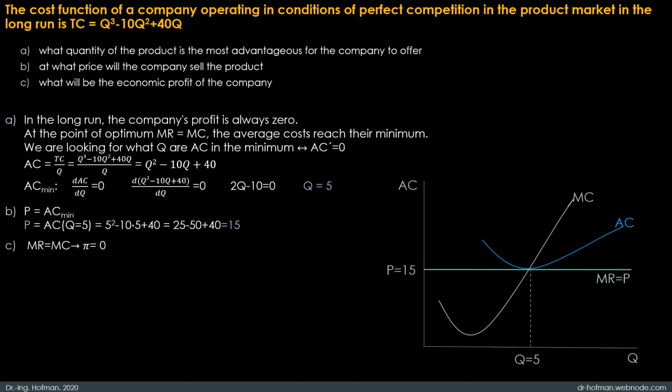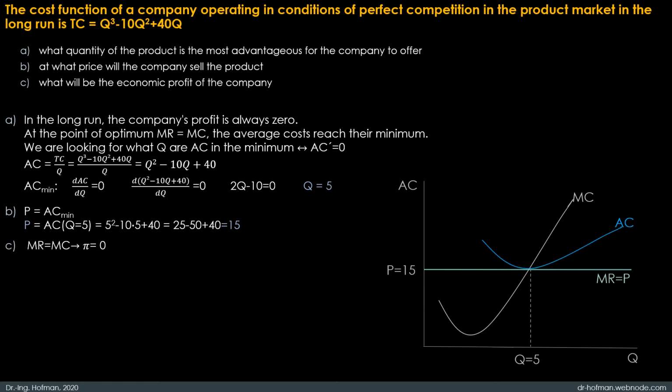In point B, we are asked at what price the company will sell the product. You know that it will sell the product where the price is at the AC curve minimum, where the AC curve meets the price level. We know the AC expression was Q squared minus 10Q plus 40.